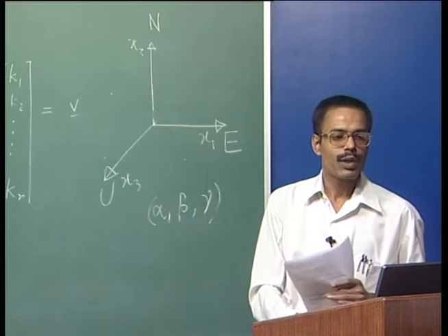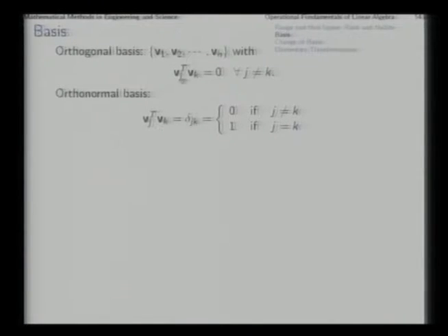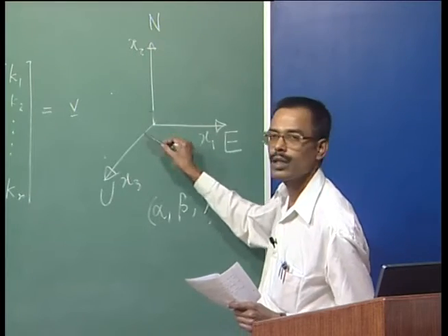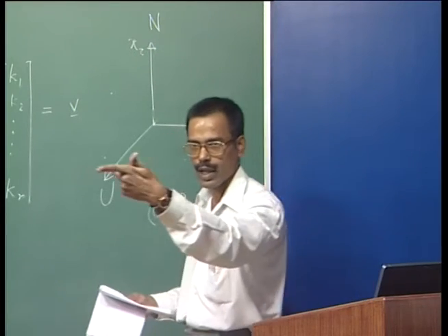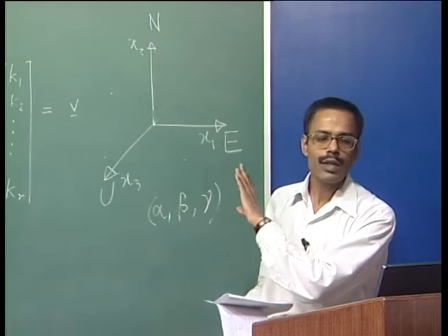Mathematically, we can say Vj transpose Vk is equal to 0 for all j and k which are not equal, that is, V1 transpose V2, V1 transpose V3, V2 transpose V3 are all 0. That means when all these angles are right angles, we say that this basis is orthogonal, right angled.